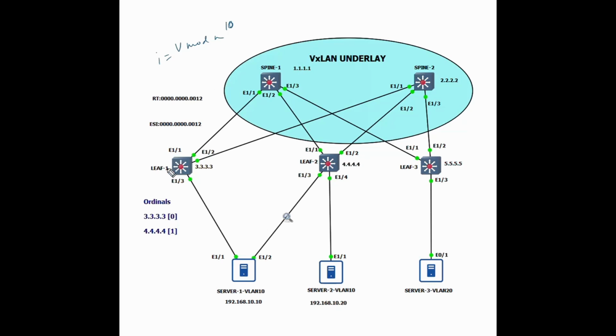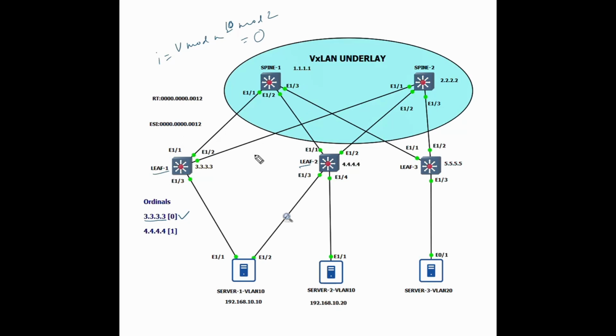We have 2 leaf switches here, leaf 1 and leaf 2, so it will be 10 mod 2, and mod, as we know, gives us the remainder as the output. So 10 mod 2 will give us a remainder of 0, and as we have seen from the CLI, leaf 1 with an IP of 3.3.3.3 has the ordinal value of 0. So for VLAN 10, the designated forwarder will be leaf 1.